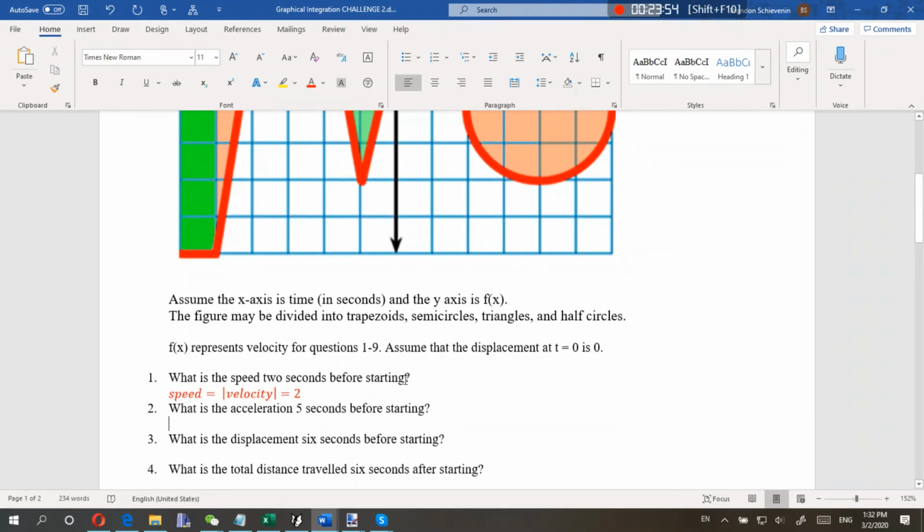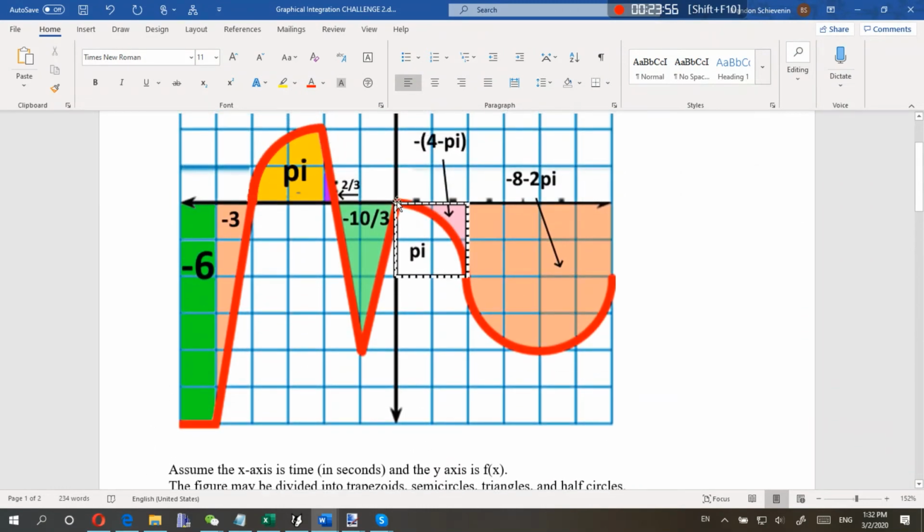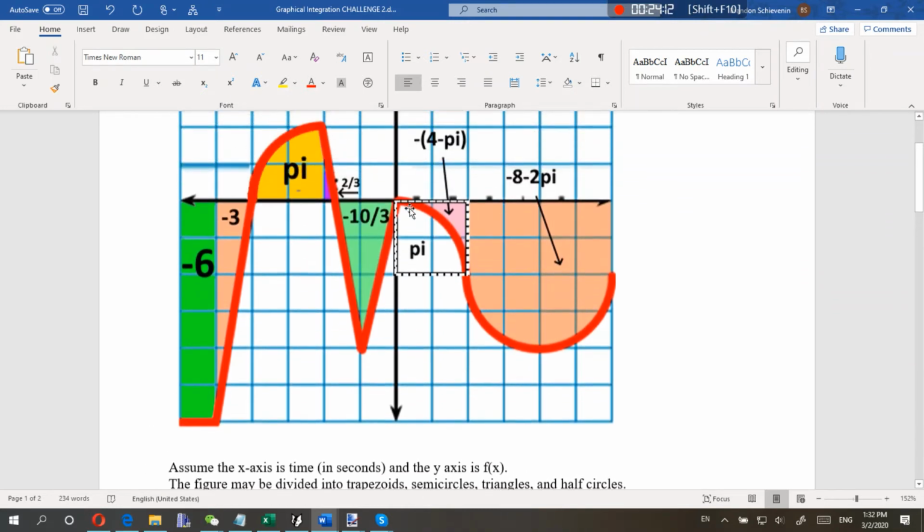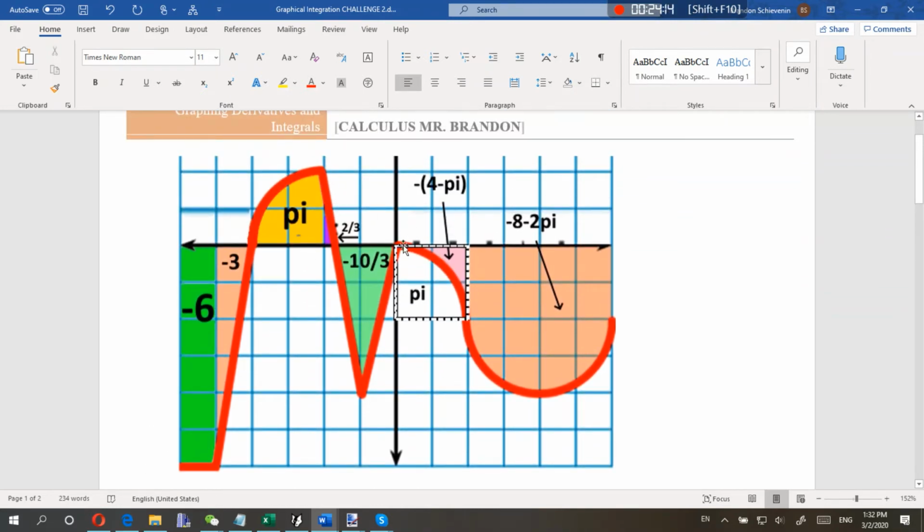Okay, if I want acceleration 5 seconds before we started. If this is velocity and I'm looking for acceleration, what do I have to do to find it? Kelly? Can you repeat the question? Yep, so if this graph represents velocity and we want to find acceleration 5 seconds before we started, so that's 5 seconds before 0, what would we have to do?